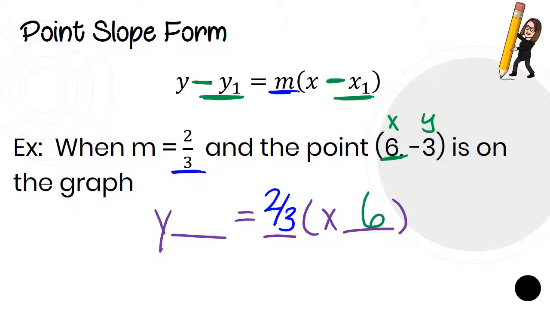Remember, the signs are always opposite. So if you are given a +6, that means you make it a -6. If you're given a -3 for your y, then with the y, you're going to put a +3. Okay? So you are literally filling in your m, filling in your xy coordinate.